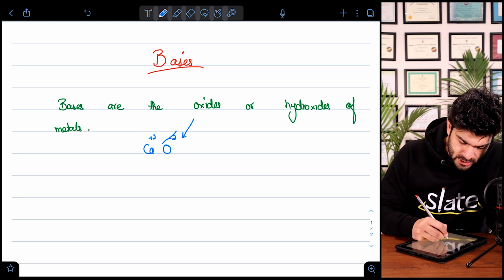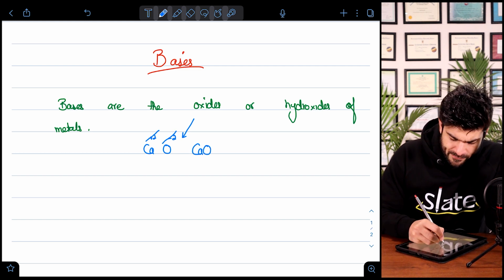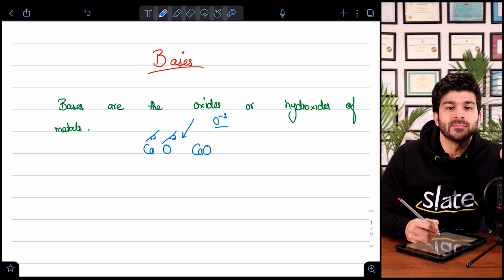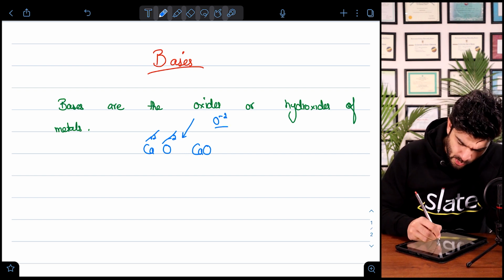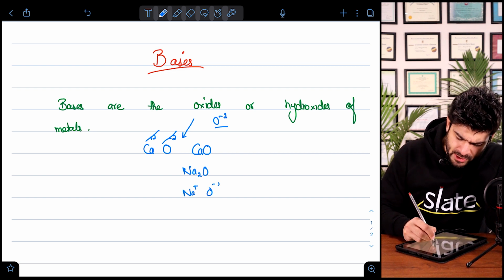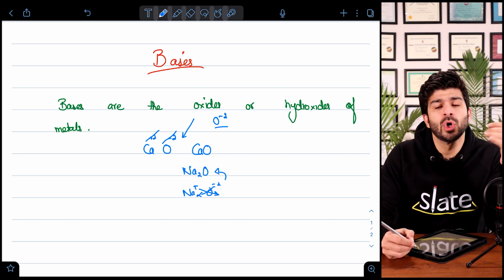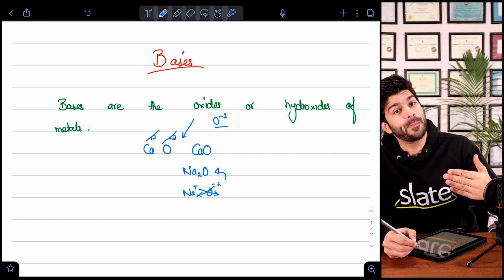So these two will cancel out each other. Calcium oxide, having O2- at the end, is a base. Likewise, Na2O, because sodium is +1, oxide is -2, using the crisscross method, we end up getting Na2O, sodium oxide. So this is also a base.